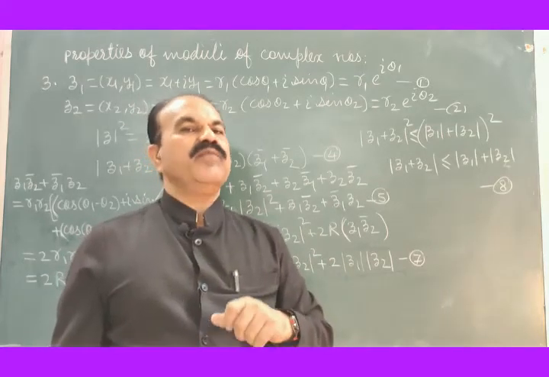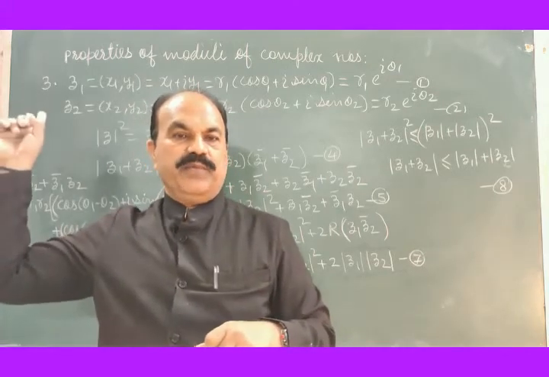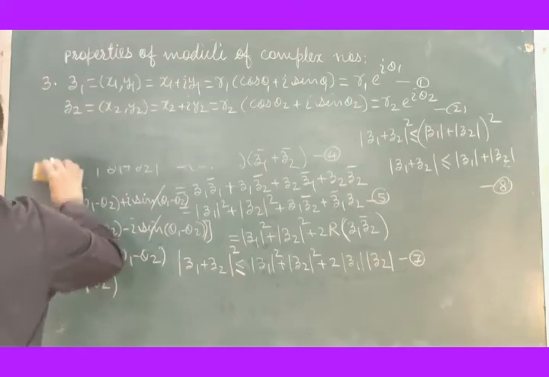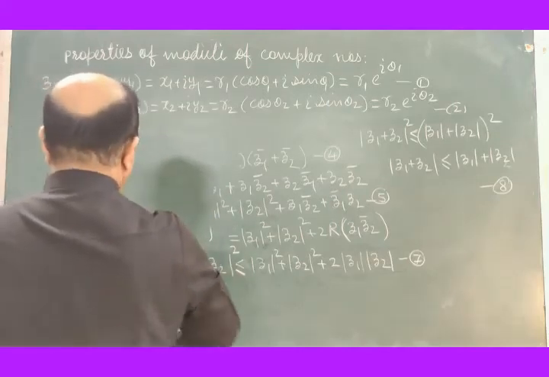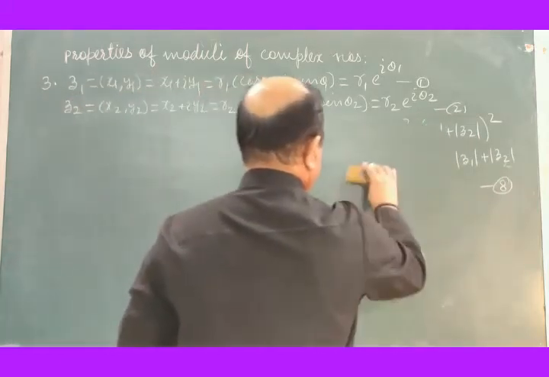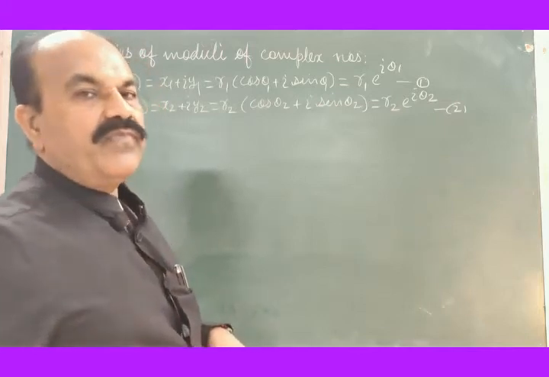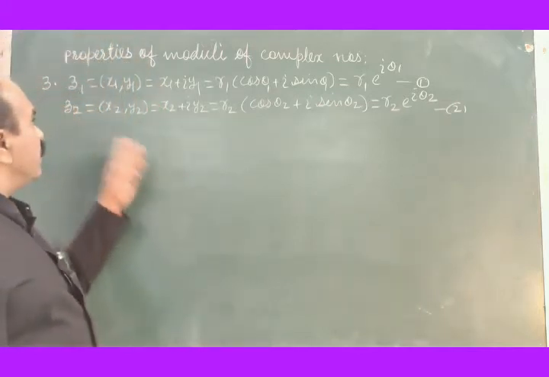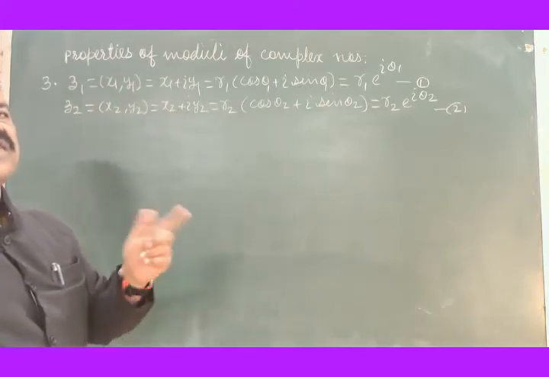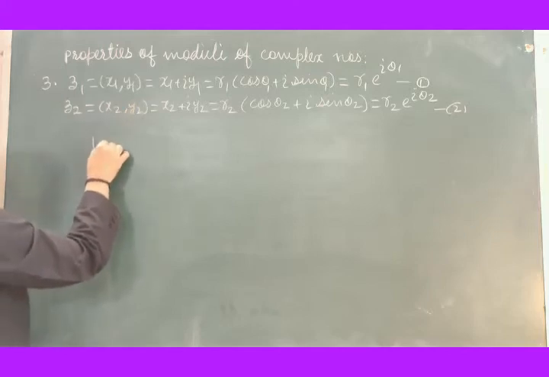One more method is there. Let us go to the alternative method of verification of property number 3, the other method for verification of this property: modulus of sum of two complex numbers never exceeds sum of their moduli. These are the two given complex numbers.